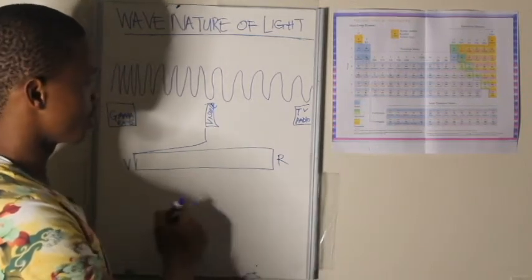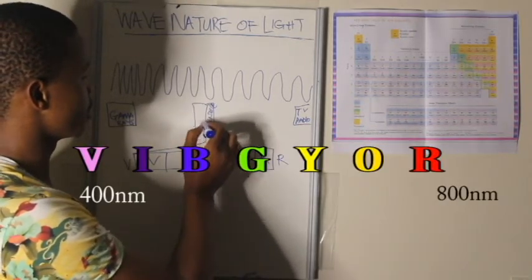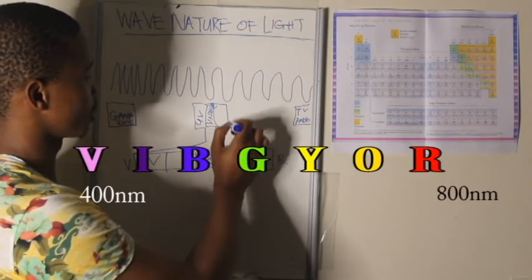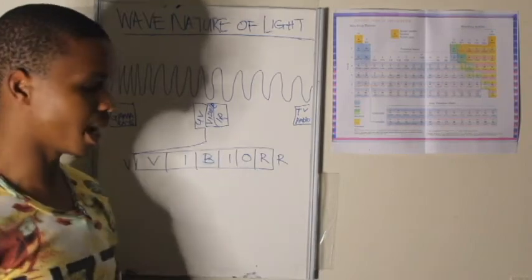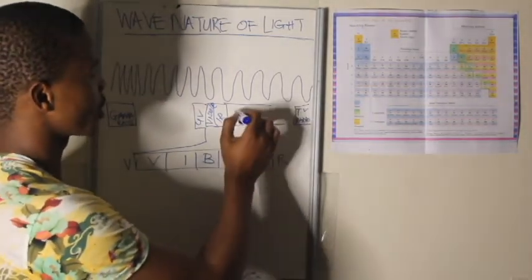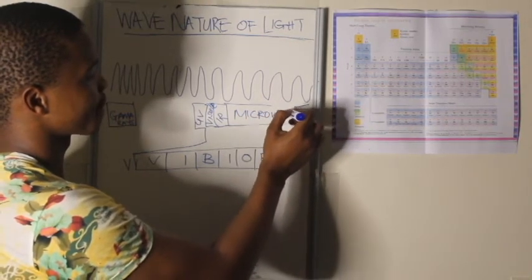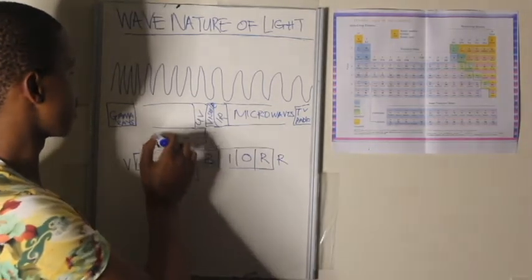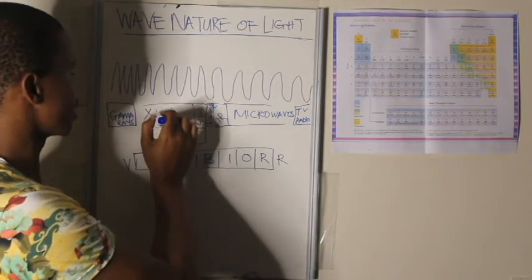Somewhere here you'll have your ultraviolet, which is your UV. Then here you'll have your infrared, which is your IR. Then you have your microwaves, and somewhere here your X-rays.